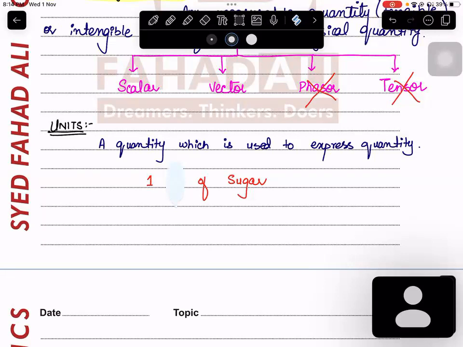No, because the word unit is expressive, it expresses the physical quantity.